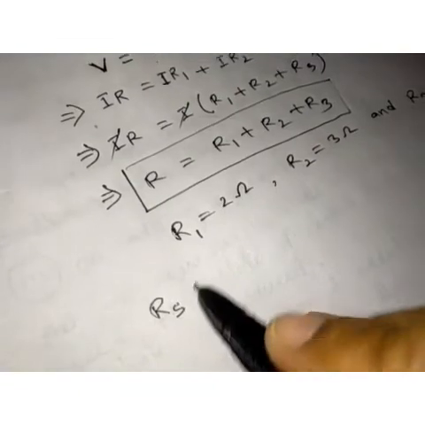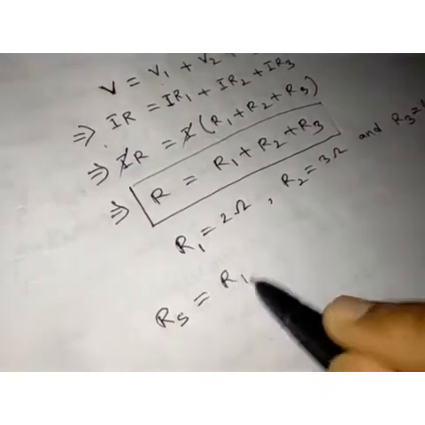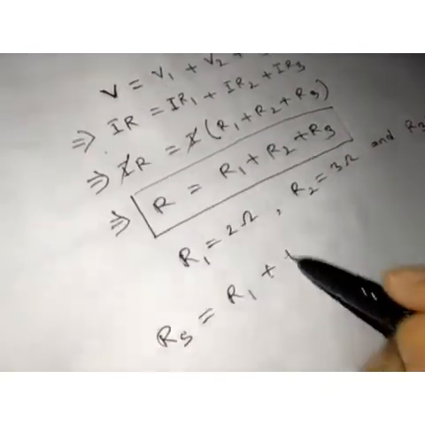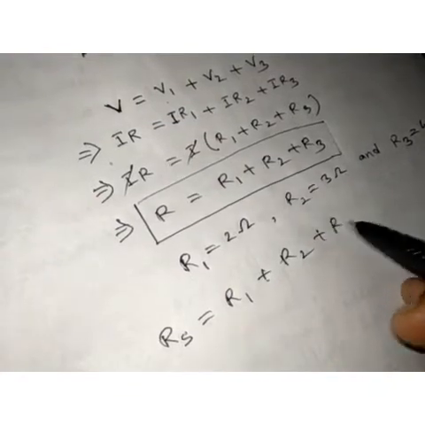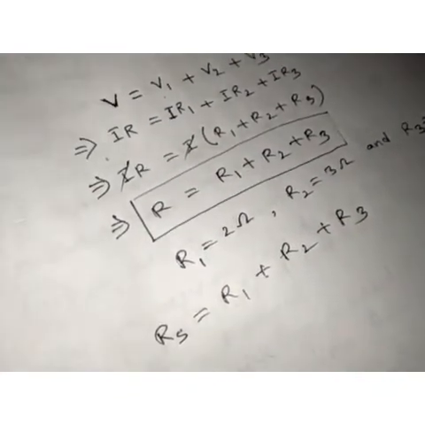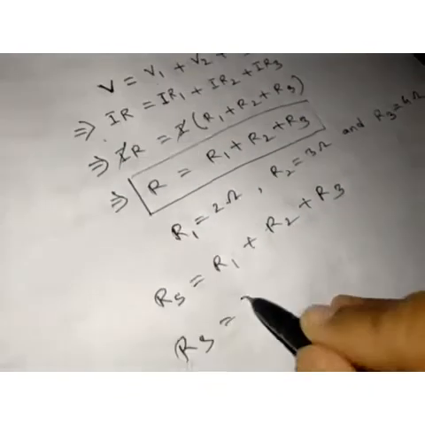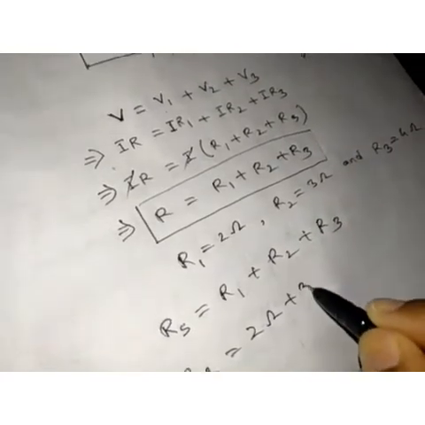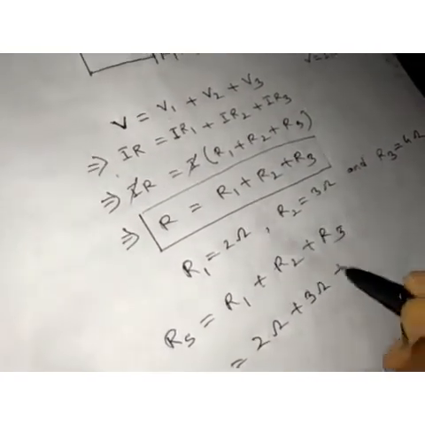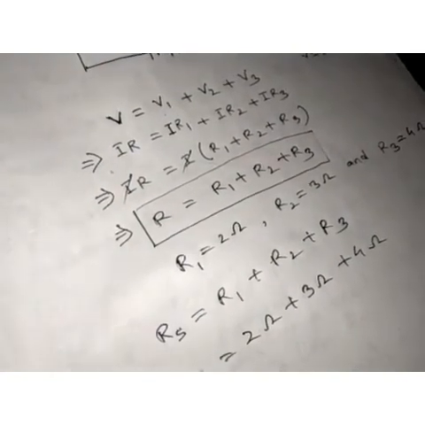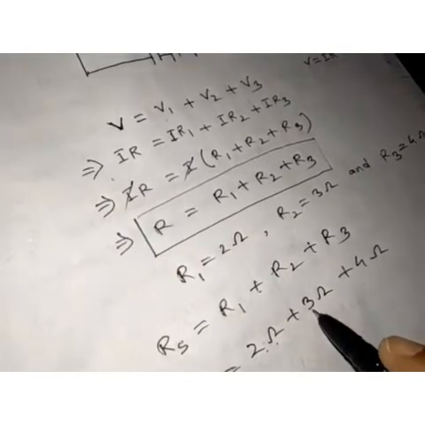This is RS, S for series, RS equals R1 plus R2 plus R3. That means RS equals 2 ohm plus 3 ohm plus 4 ohm. That means the equivalent resistance will be 2 plus 3, 5 plus 4, 9 ohm.